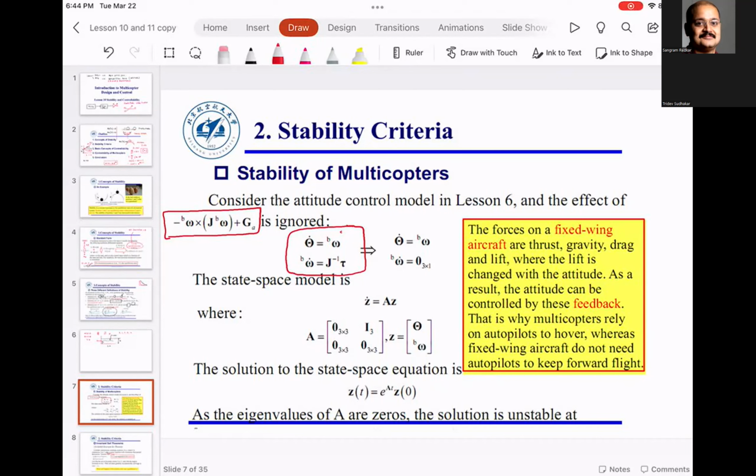So what we are left with is this equation, which is capital theta dot equals omega b, and omega dot is equal to j inverse tau. And this equation is going to be useful to design the attitude controller.